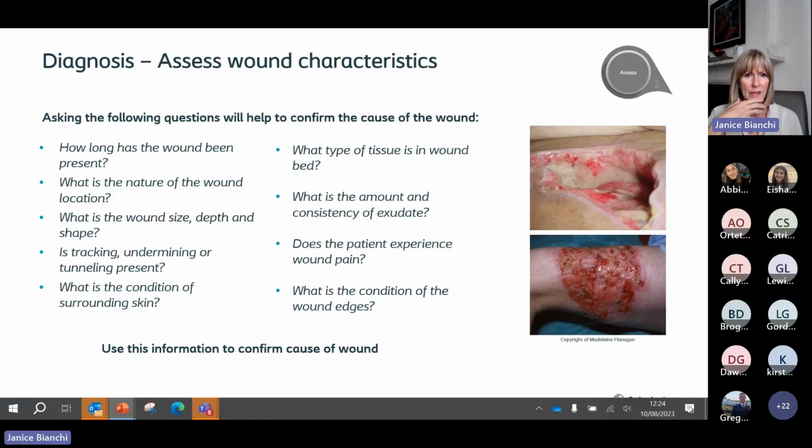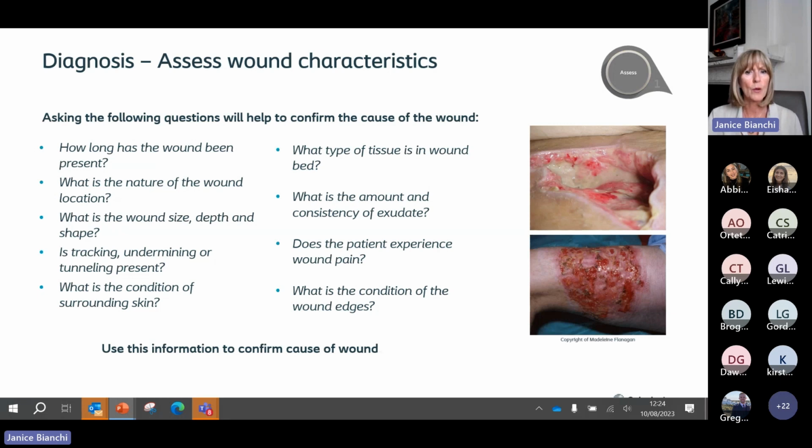So if we're thinking about this, these are the questions that we need to ask when we're doing our assessment. How long has the wound been present? What is the nature of the wound's location? The size, depth and shape of the wound? Is there tracking, undermining or tunnelling? And what about the surrounding skin? How does it look?